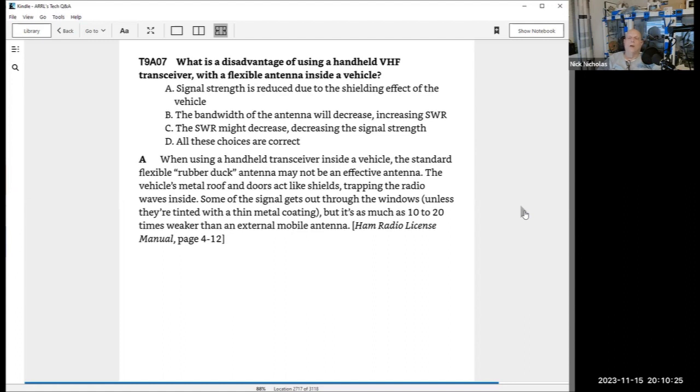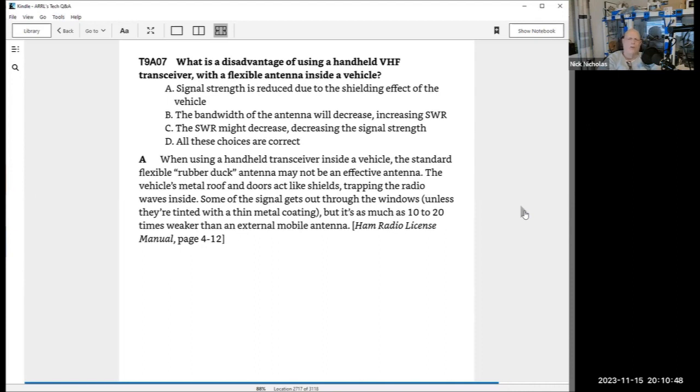What is the disadvantage of using a handheld VHF transceiver with a flexible antenna inside the vehicle? Well, let me tell you guys, inside a vehicle, you're shielding that thing inside a giant Faraday cage. Faraday cages are intentionally built to stop radio signals from getting out. Cars are made of metal, which is what a Faraday cage is.